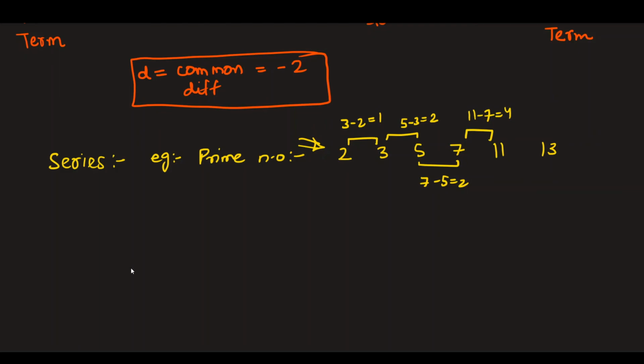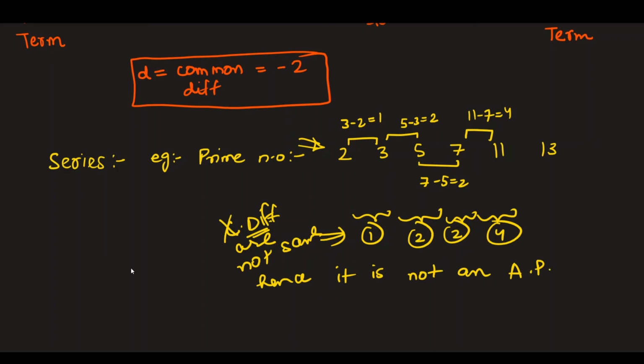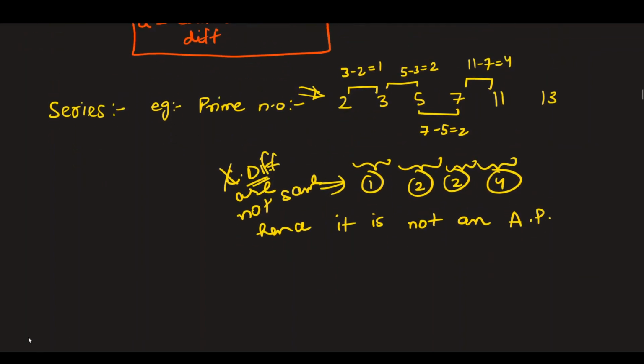So the differences are 1, then 2, then again 2, then 4. So it would not be called a common difference. The differences are not the same. Hence, it is not an AP.